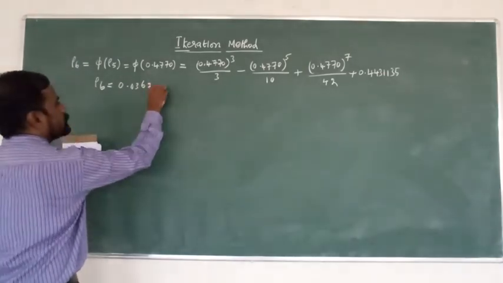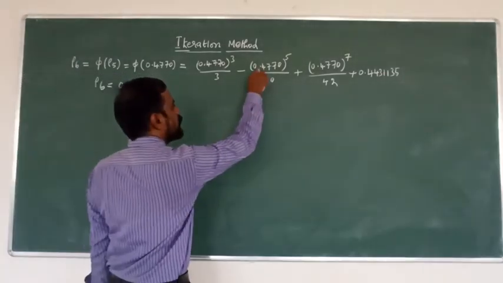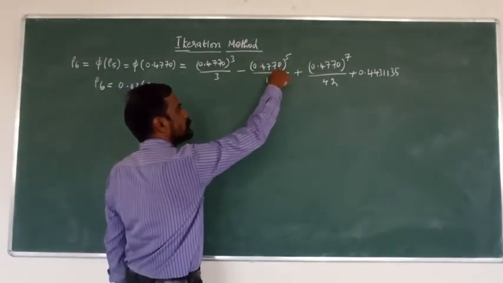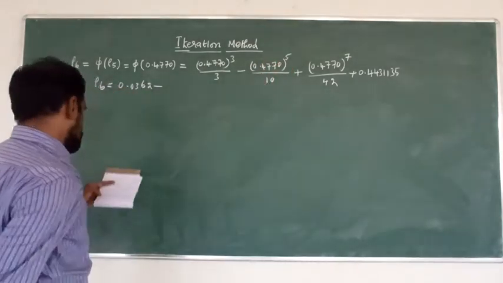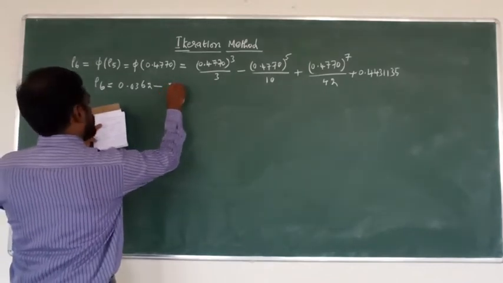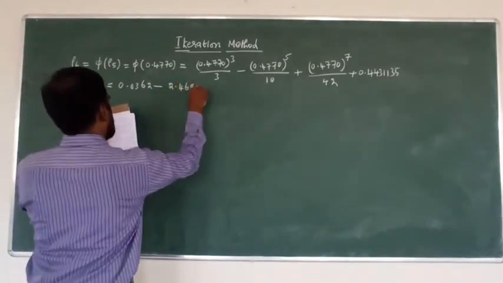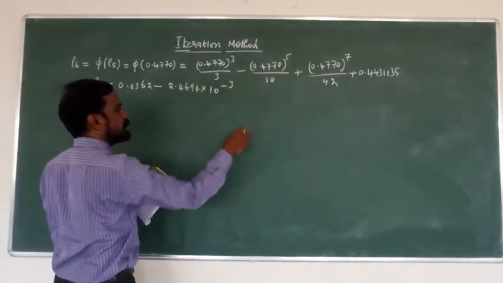0.0362 minus 0.4770 power 5, that result divided by 10, we can get the result 2.4694 into 10 to the power of minus 3.